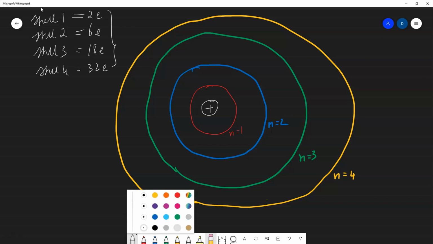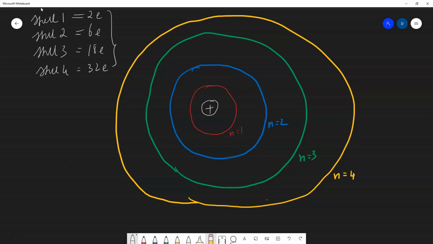Now we have seen up to lithium so far. Take beryllium, which is Be. Beryllium has got 4 electrons. So now you just have to start filling these inner circles to their maximum capacity.